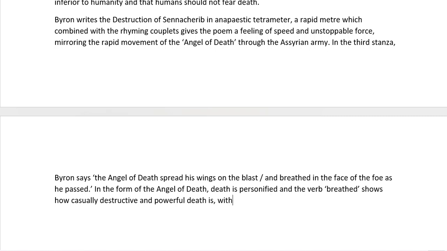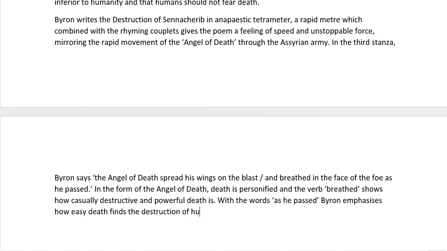With the words "as he passed," Byron emphasizes how easy death finds the destruction of humans and suggests that death is uncaring and indifferent.